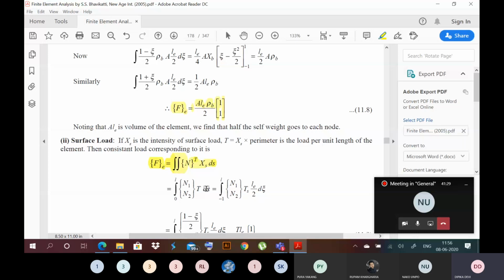Over the perimeter we have already multiplied by the intensity, so that gives the surface traction per unit length. To get the contribution of the surface traction over the whole element, we already integrated over the perimeter because the cross section is constant.